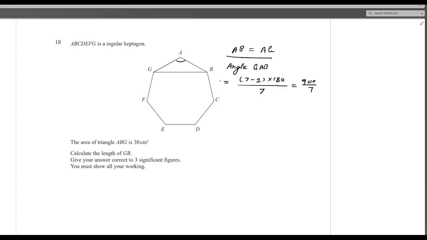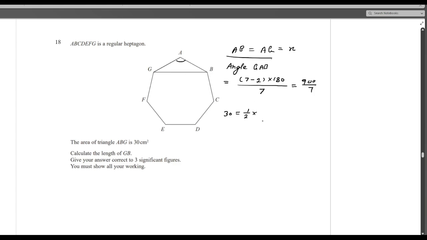Once I get this angle, now the side length I don't have, so your area is 30 centimeter square. Your area is half times your AG into AB, and AB is equal to AG.